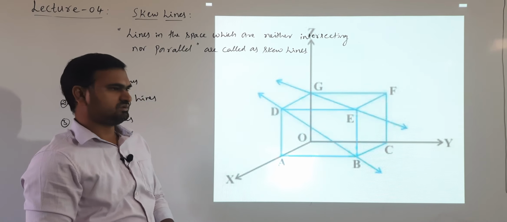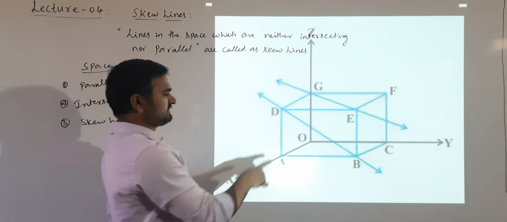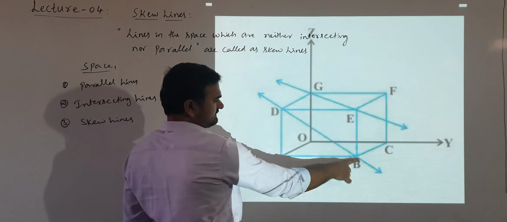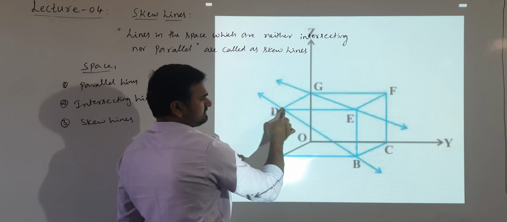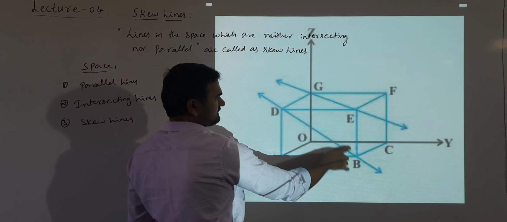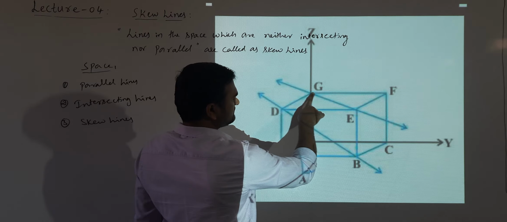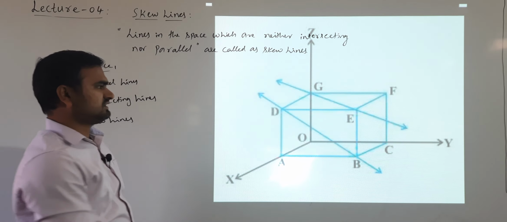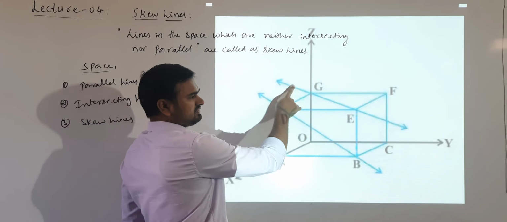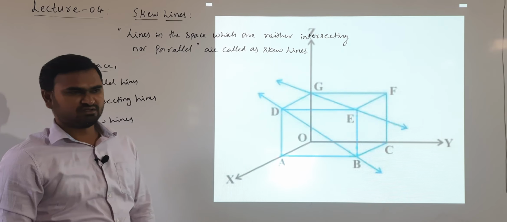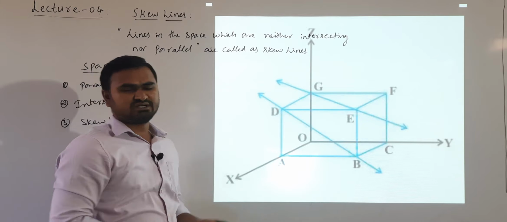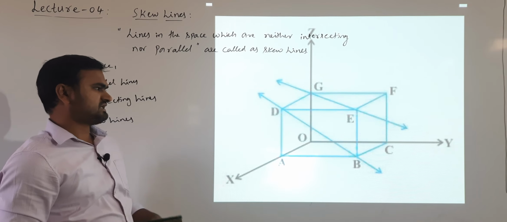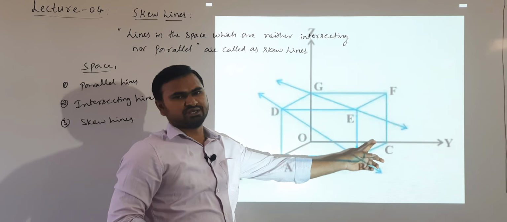In this cube, see that lines: one line is passing through BD, so this is one line, another line is passing through GE. So, are these two lines parallel? They are not parallel. And are they intersecting? They are not intersecting also. So these lines we can take as skew lines.